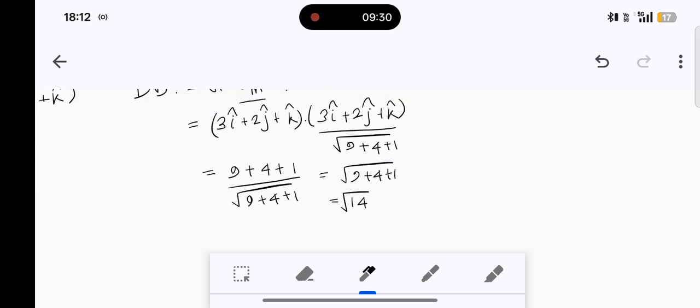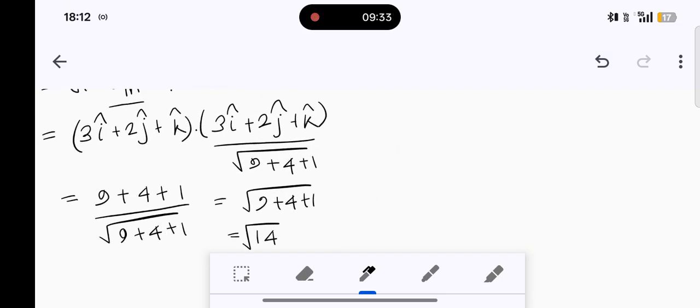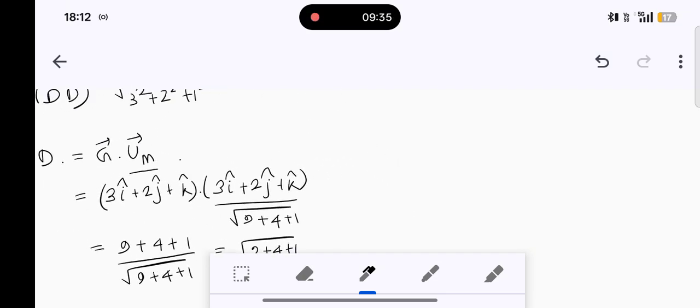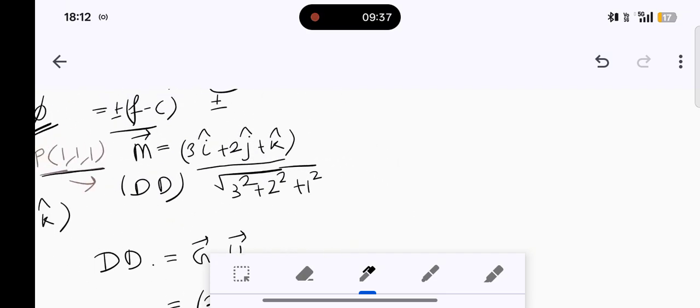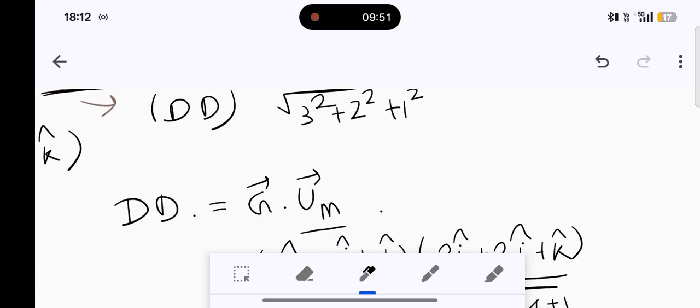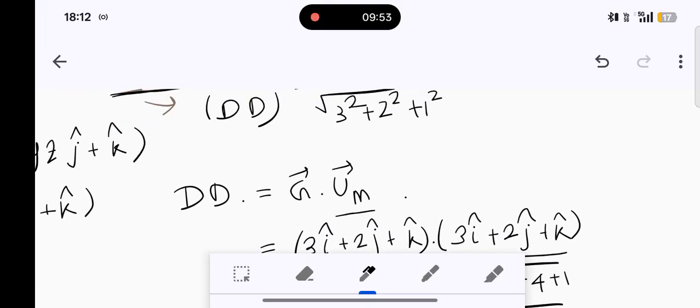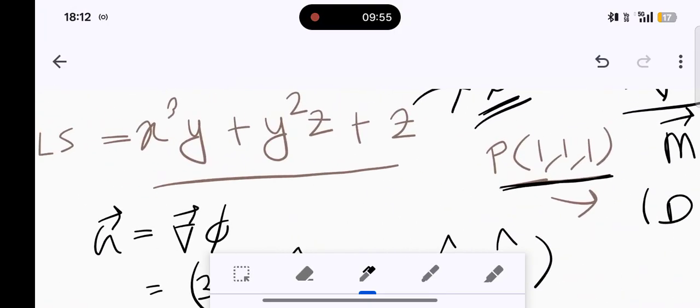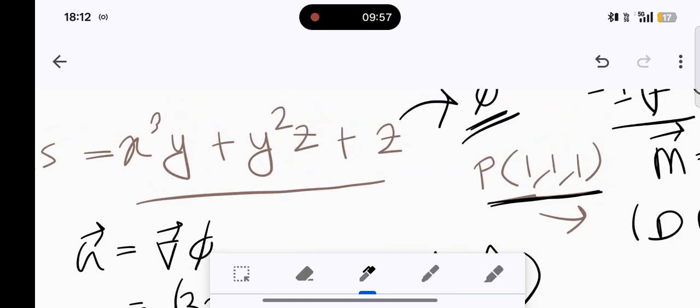Now the thing which is too important: sometimes the examiner will ask you to find the dd max, but he or she hasn't mentioned that you have to find it at a particular point. Let's say in that case the point is p. You don't need to find the dd max at a particular point, so you can't put the values x equals 1, y equals 1, z equals 1.